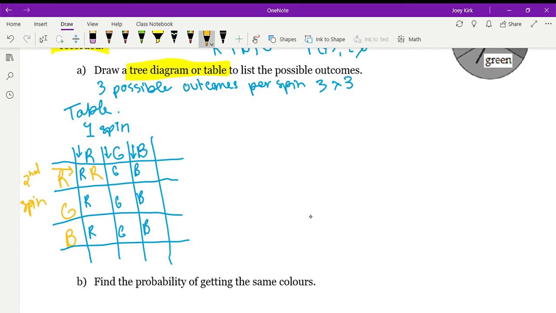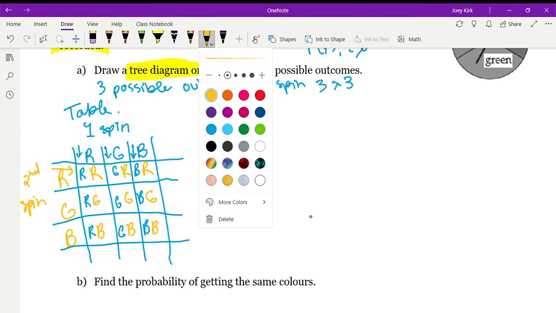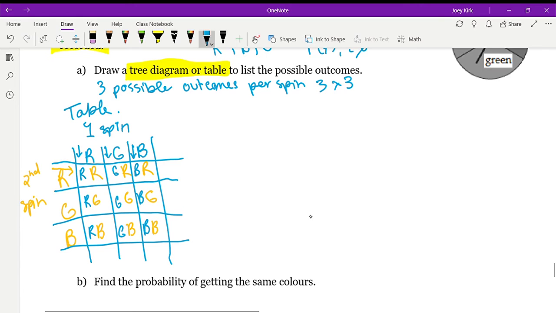So red, red, red, green, green, green, blue, blue, blue. And I only changed the color just so you can see where those 2 different letters come from, okay? So that's our table diagram, not too shabby.